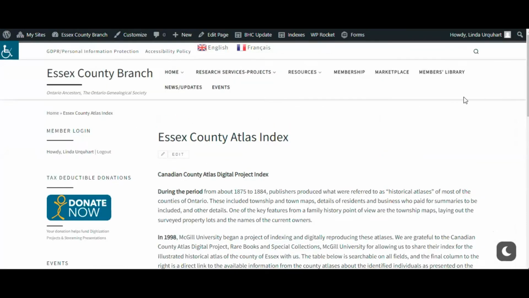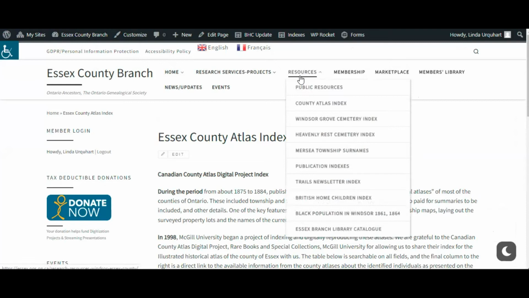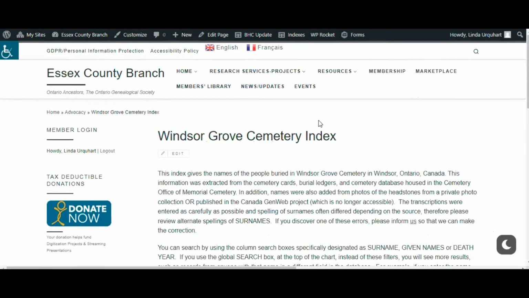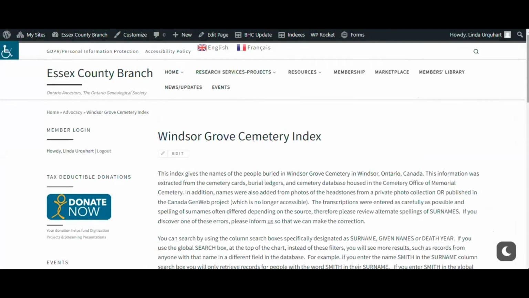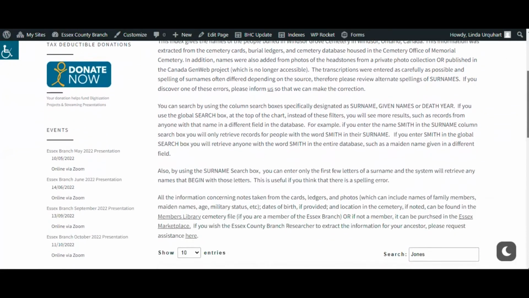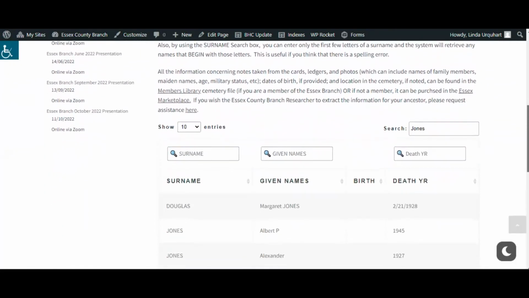If I go back now to the resources, the Windsor Grove Cemetery Index is next. This is an index made up of information that we obtained at the cemetery office of the burials. If you do a search, I'll search on Wilson.